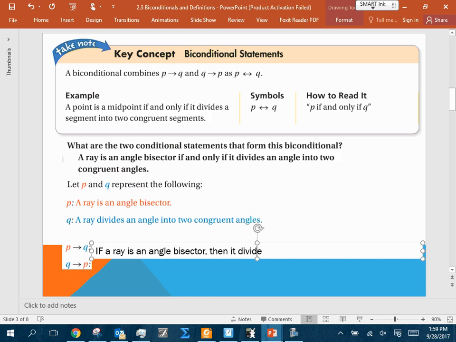It divides an angle into two congruent angles. If a ray is an angle bisector, then it divides an angle into two congruent angles. Does that make sense? Okay. That is one of the statements that we gain from this biconditional.